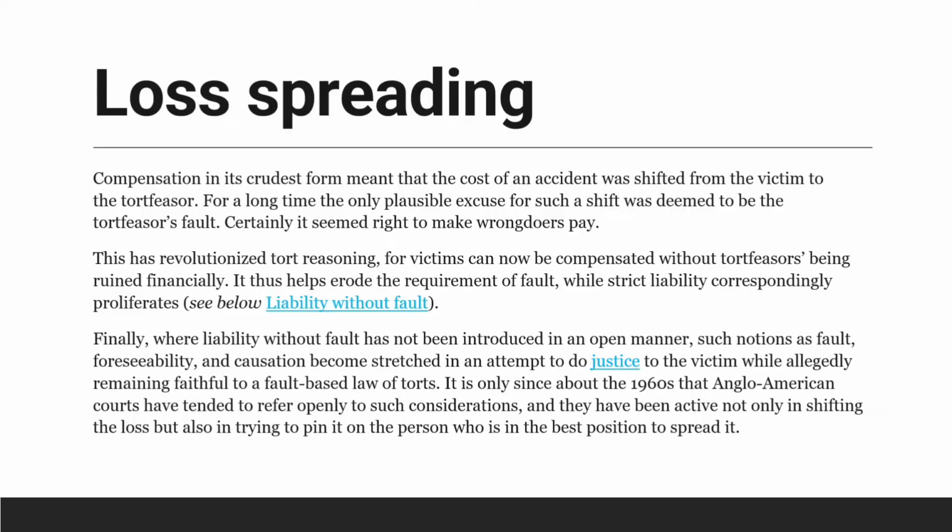It is only since about the 1960s that Anglo-American courts have tended to refer openly to such considerations, and they have been active not only in shifting the loss but also in trying to pin it on the person who is in the best position to spread it.